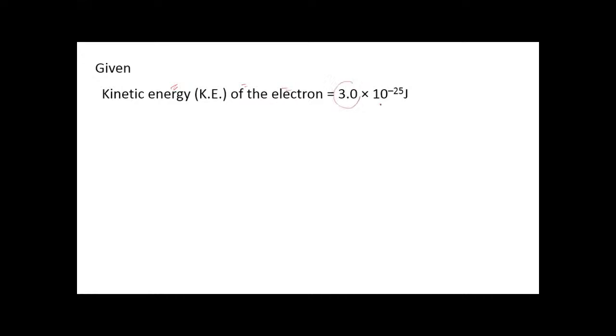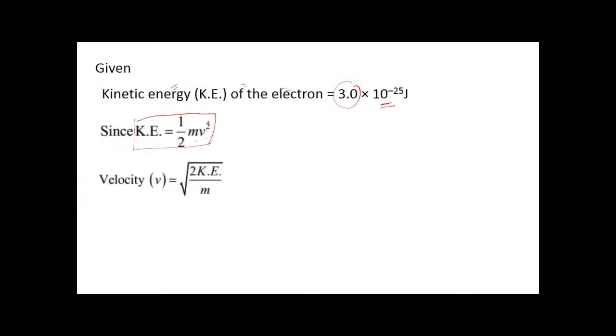The given value in the question is the kinetic energy of the electron. The value is 3.0 into 10 to the power minus 25 joule. Since we know the formula of kinetic energy is half of mv square, we have to calculate the velocity.